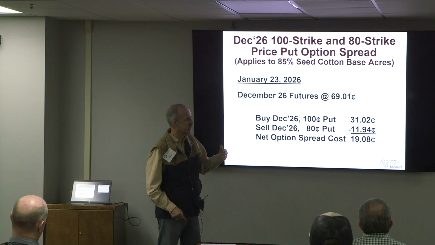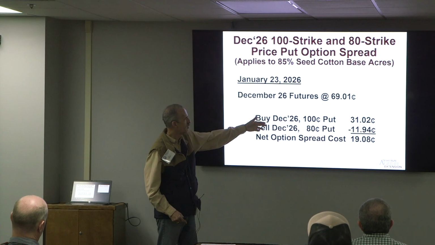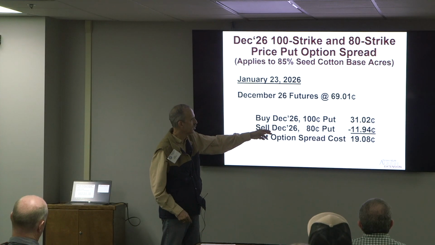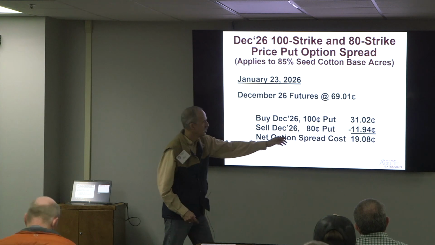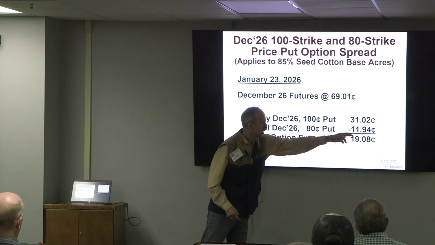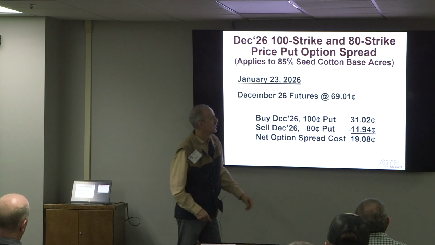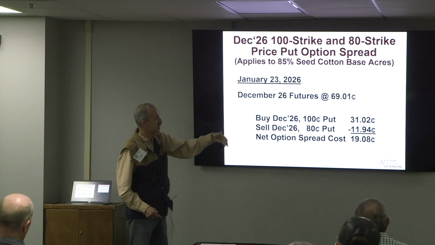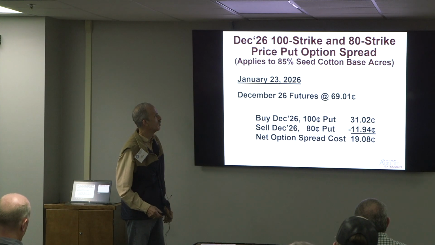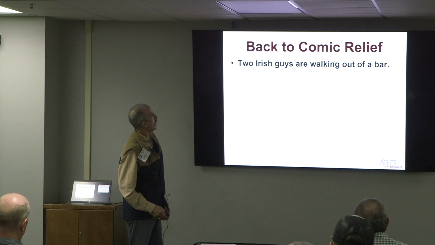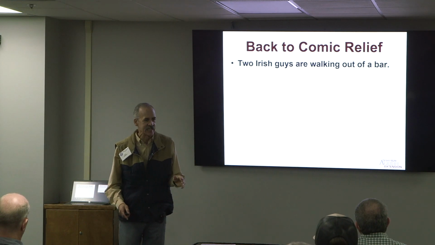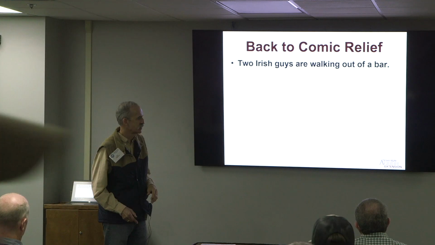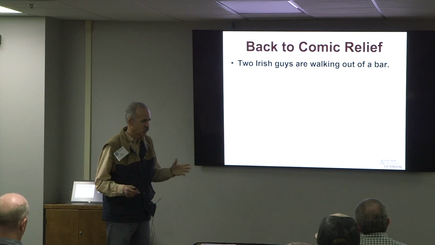Again, you'd be paying for buying the put, but selling the put for the protection you don't need further down, you'd be putting that back in your pocket. This would be your net outlay. If the market was at $1, this would be more meaningful and more affordable. All right, those were my 3 examples. I think I've got a little bit of time to talk and answer any questions you might have.